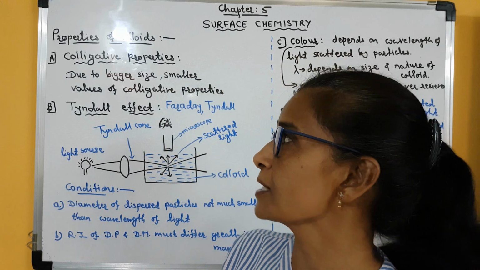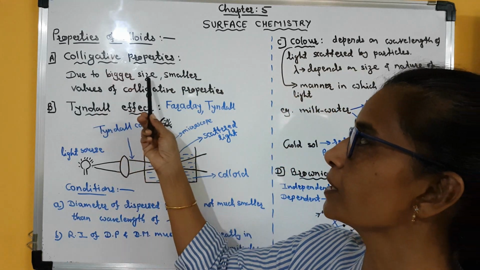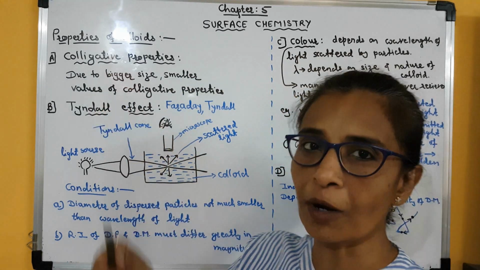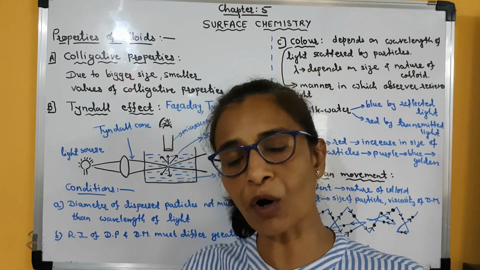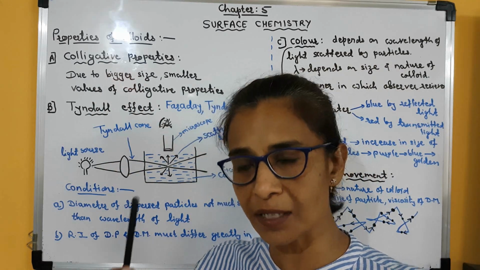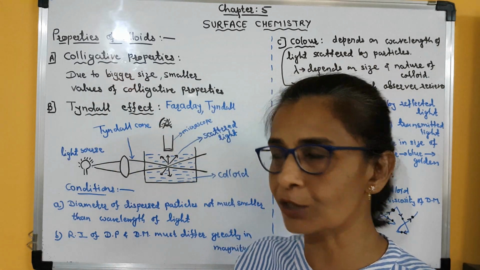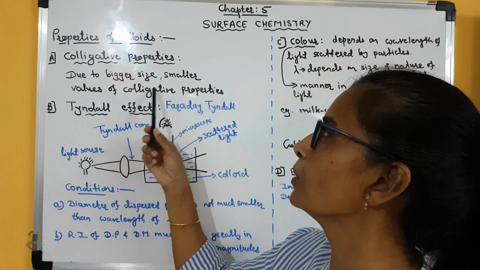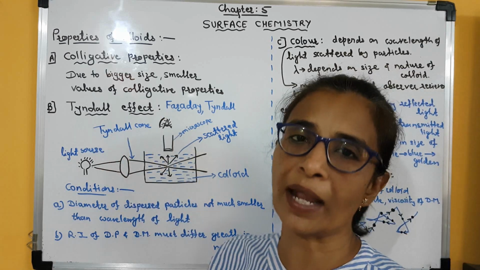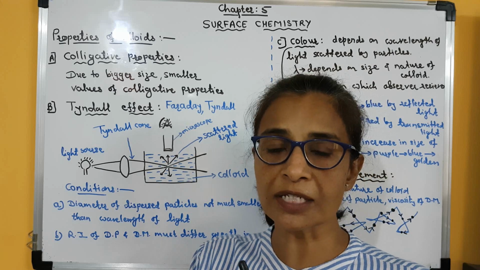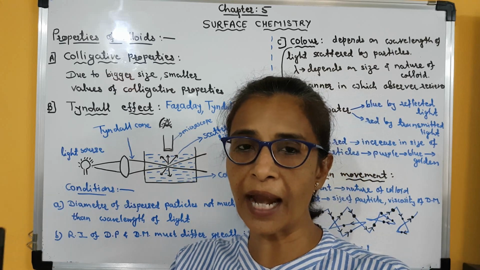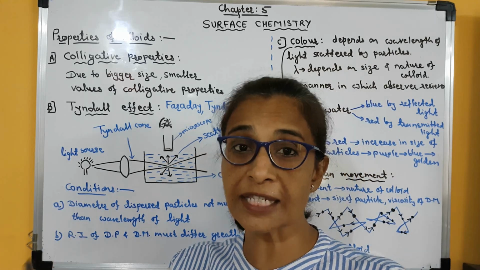Clear? And that is why, due to bigger size, any one or all 4 colligative properties, if we measure them for the colloidal solution, we will have comparatively smaller values, even though the concentration of the true solution and the colloidal solution is the same.